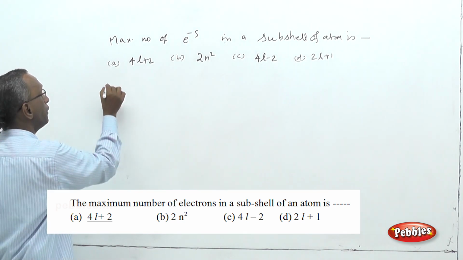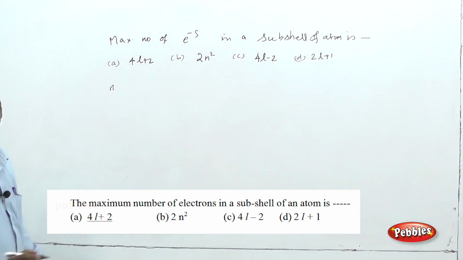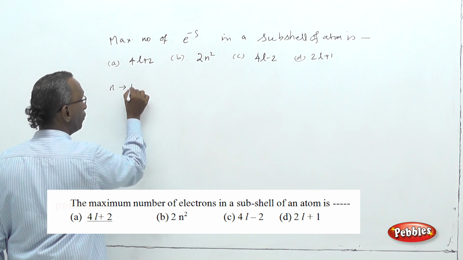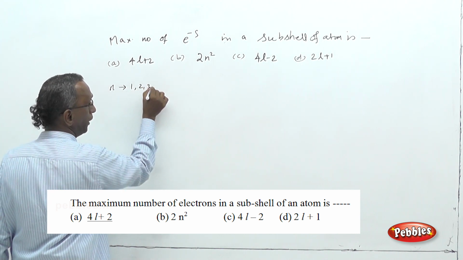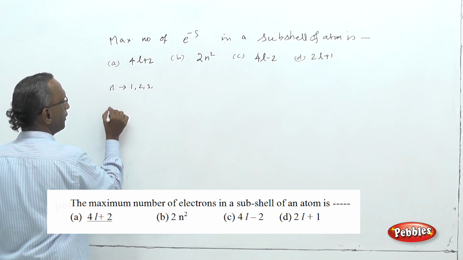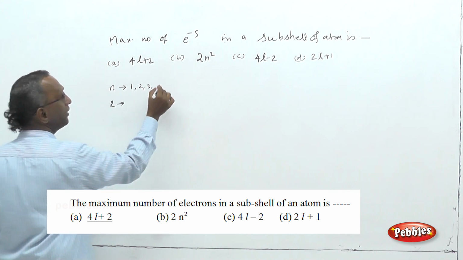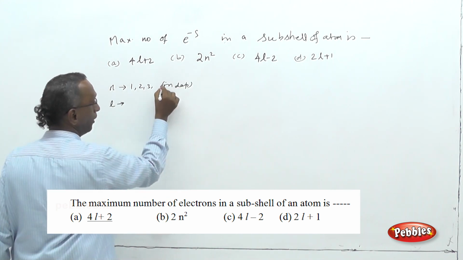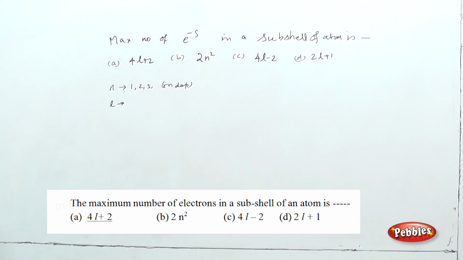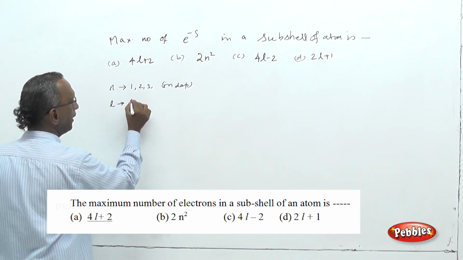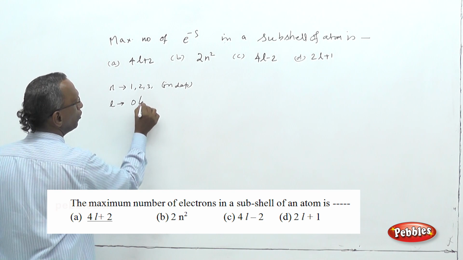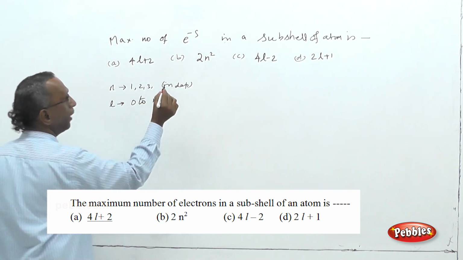Here n is the principal quantum number, which can take natural number values 1, 2, 3 and so on. n is the independent variable. Then l is the azimuthal quantum number. l takes the values 0 to n minus 1.